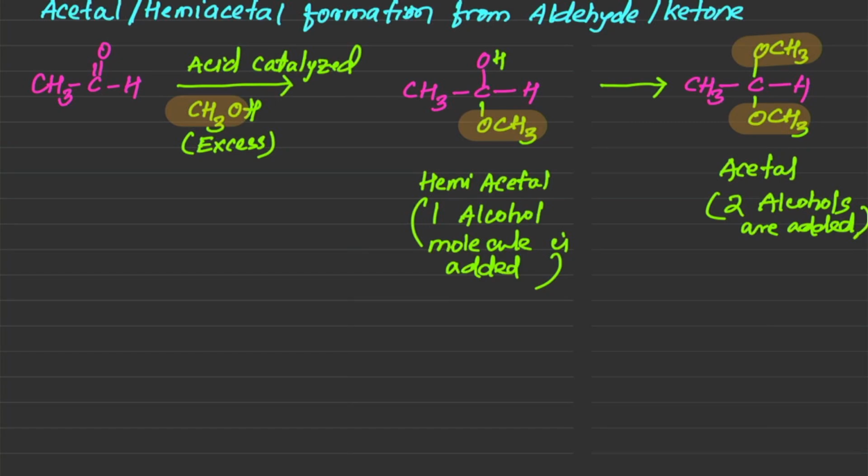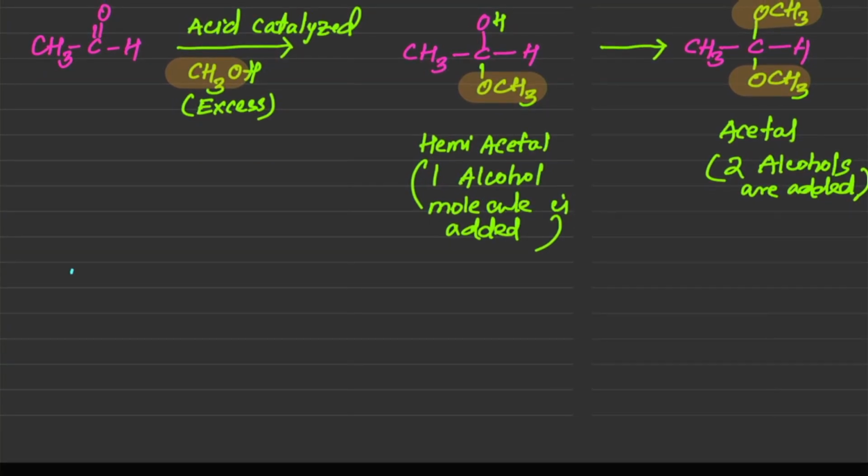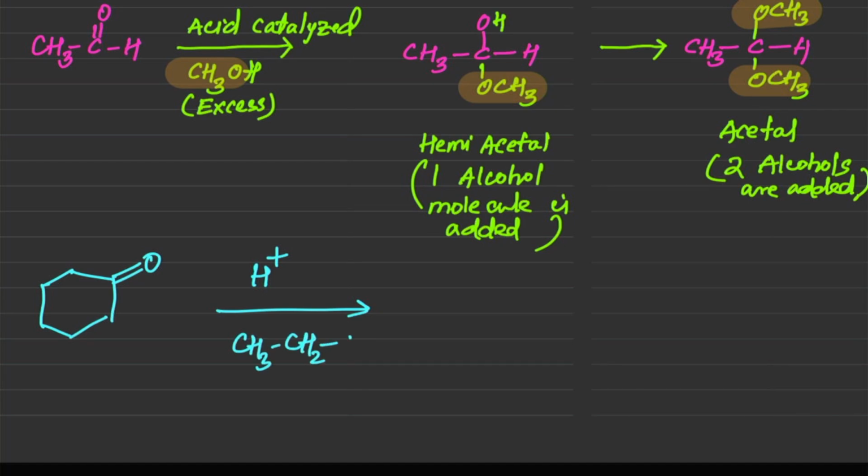So maybe let's do a quick reaction. Let's say we have a molecule like this. I will draw the mechanism in a second. We have excess H plus ions, or sometimes it will be written as sulfuric acid, excess H plus, and with CH3CH2OH. In this case, how would you draw the product?